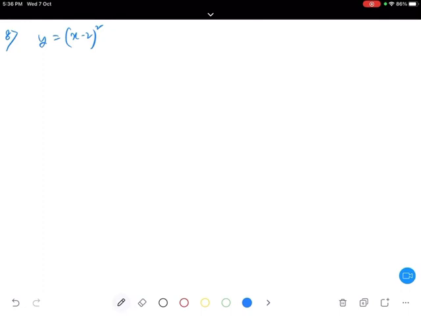So you have to find a point on the curve at which the tangent is parallel to the chord joining 2 points. Here is a chord which is joining 2 points, that is (2, 0) and (4, 4).